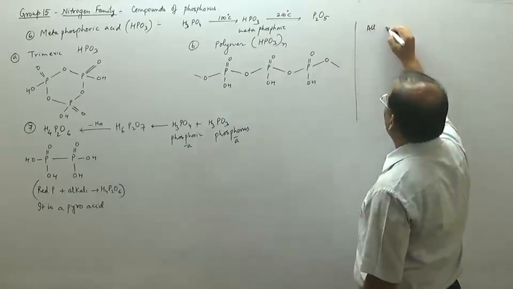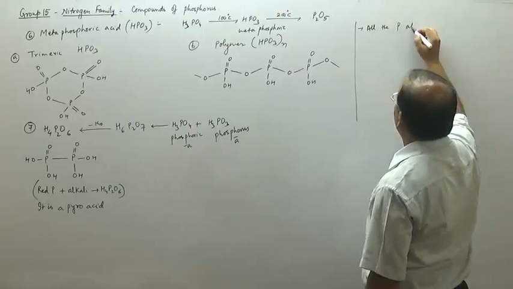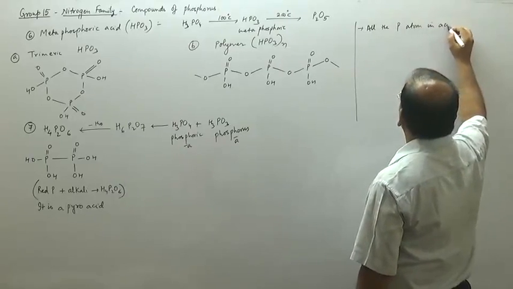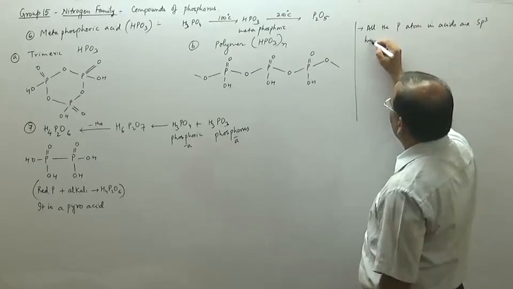So all the P atoms in these acids are sp3 hybridized.